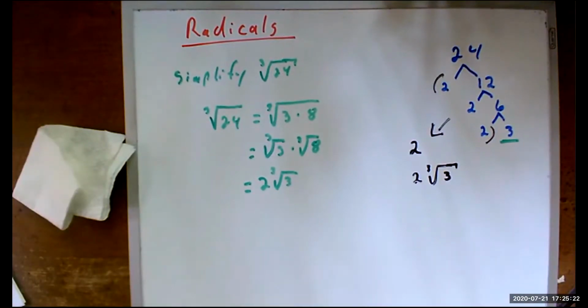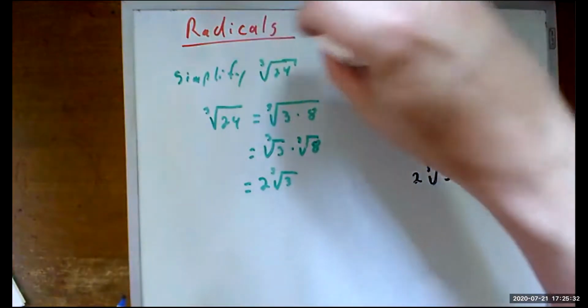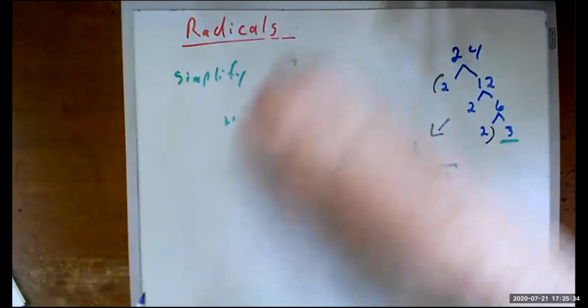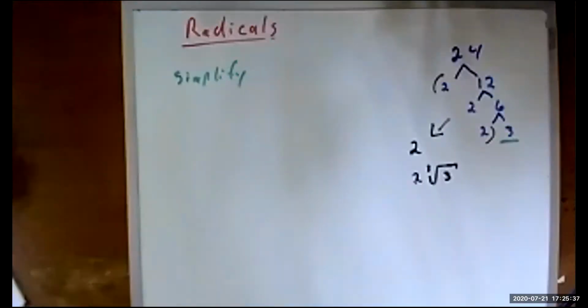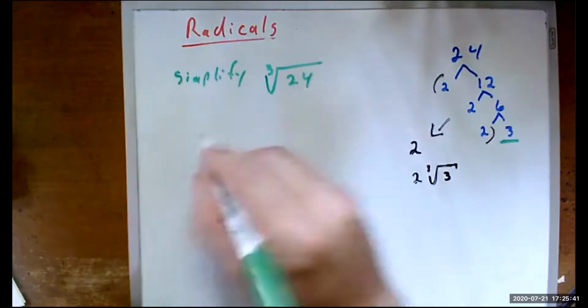And yes, I will try and write things bigger so that my exponent 2s and exponent 3s are a little bit more clear. Let me rewrite this bigger, and tell me if that works. So let's go with cube root 24.